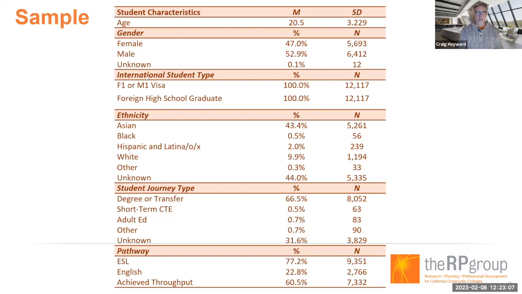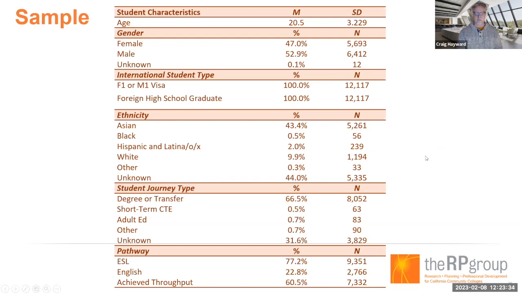I think one of the things to note is that it's a little bit different than our usual population. It's slightly tilted towards having more male students than female students, whereas in the usual community college population, there are quite a few more female students than male students. And we mentioned the ethnicity breakdown earlier.